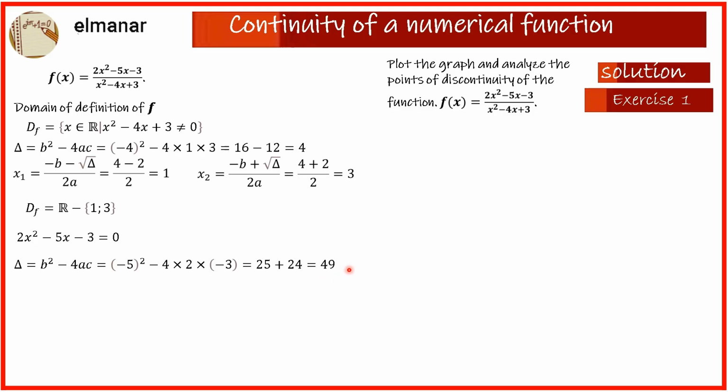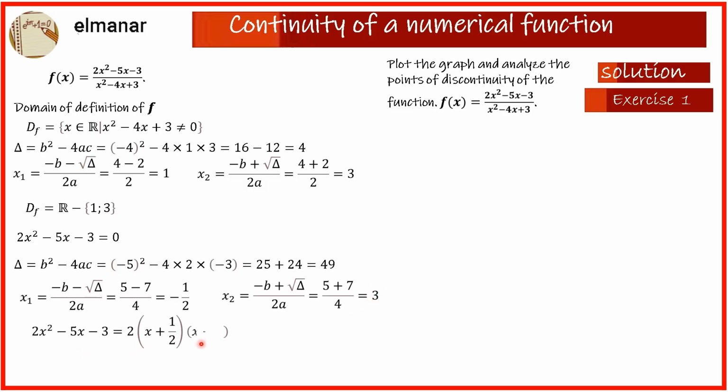So delta is 49. We find the roots: x equals minus 1/2 and x equals 3. So, factorizing the numerator gives 2x plus 1 times x minus 3. We do the same for the denominator. It factorizes to x minus 1 times x minus 3.